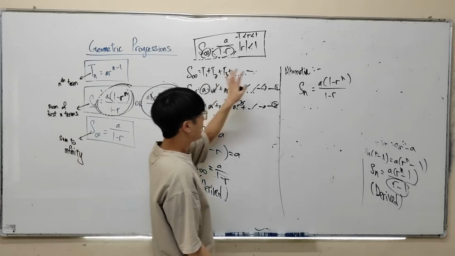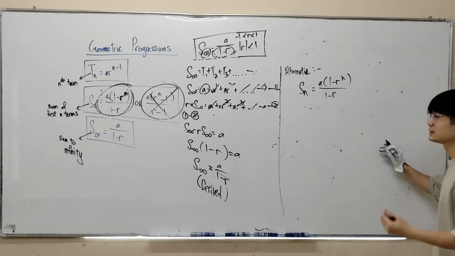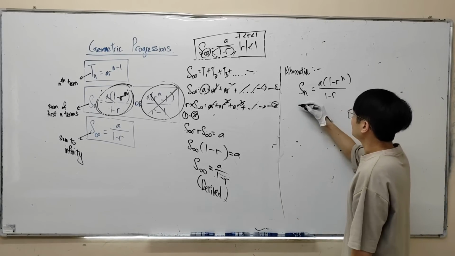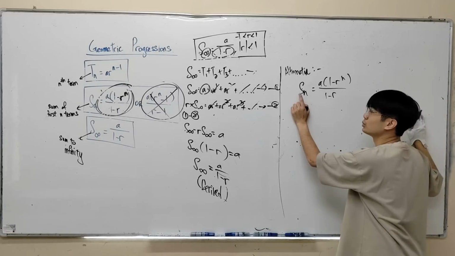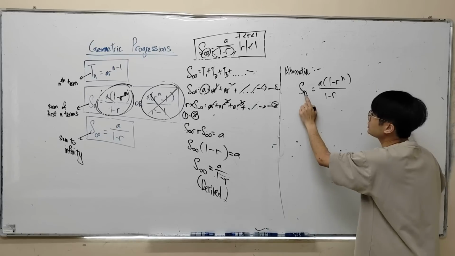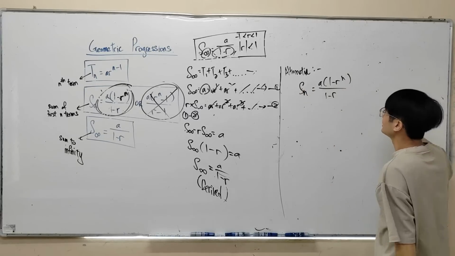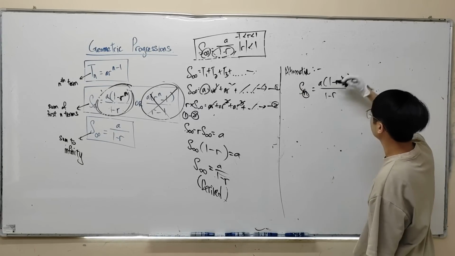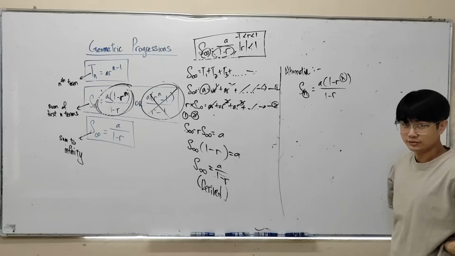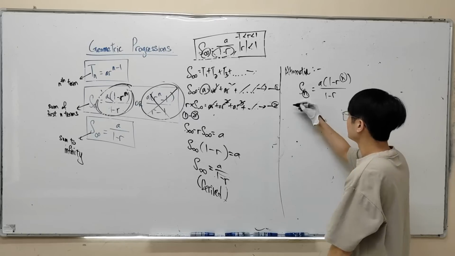So after I write this down, now you have to understand one concept. Because we are not trying to derive the Sn, we are trying to derive the S infinity, we have to imagine what happens when the n becomes infinity. So if this n becomes infinity, it means that this n becomes infinity also. But you have to understand one thing first.